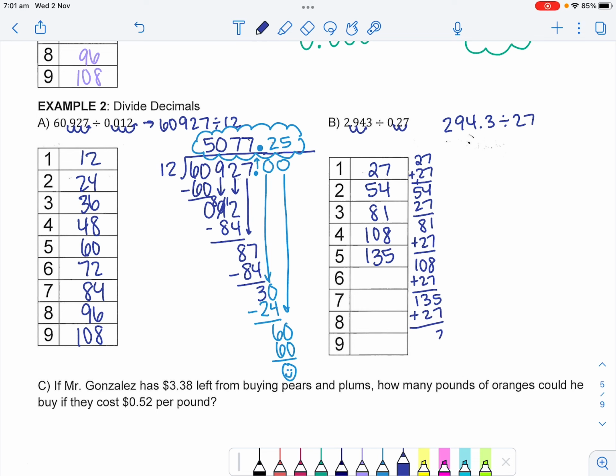Plus 27, 162. Plus 27 is going to be 189. 216. And then one more, 243.